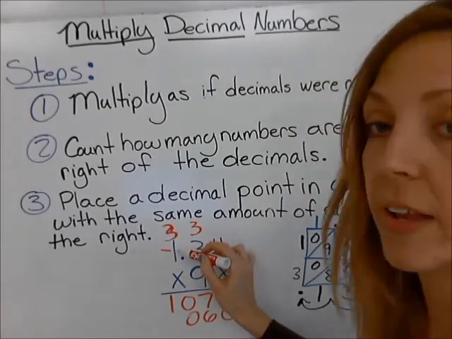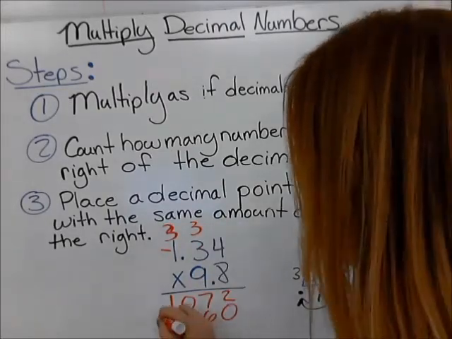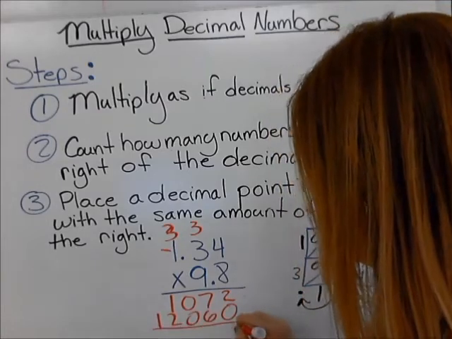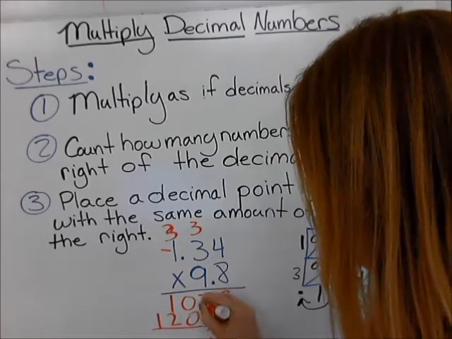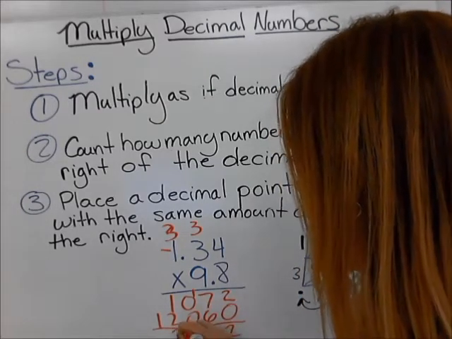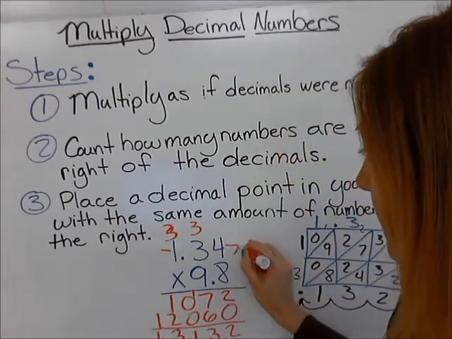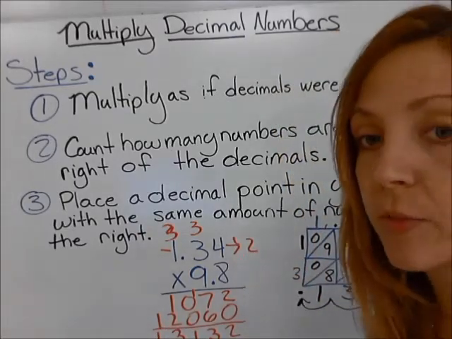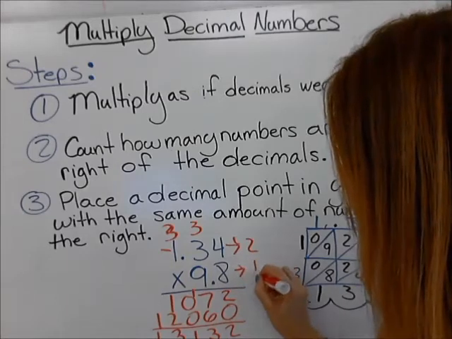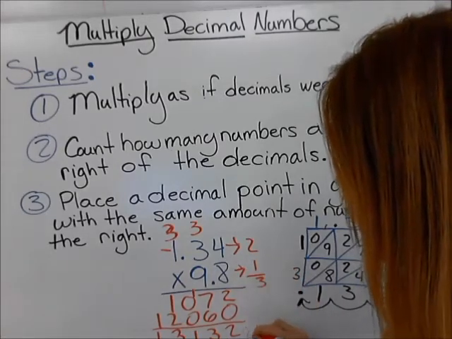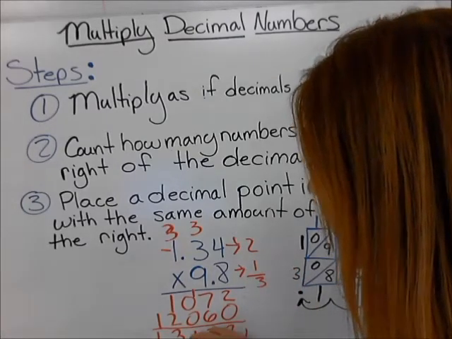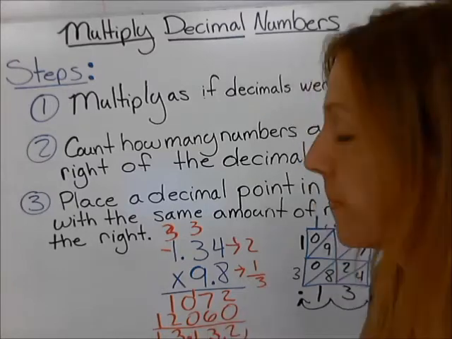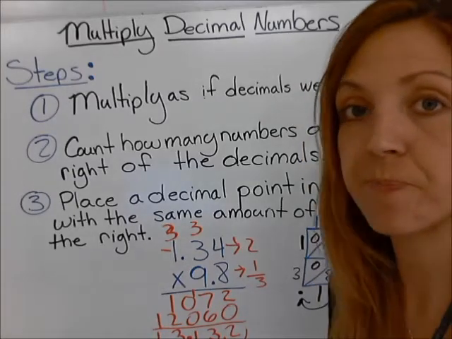And then 9 times 1 is 9, plus 3 is 12. I get 2, 13, 3, and 1. I have 2 decimal places up top and 1 on the bottom. That's 3 total. So 1, 2, 3 decimal places.